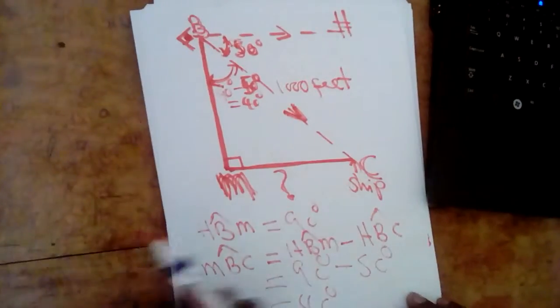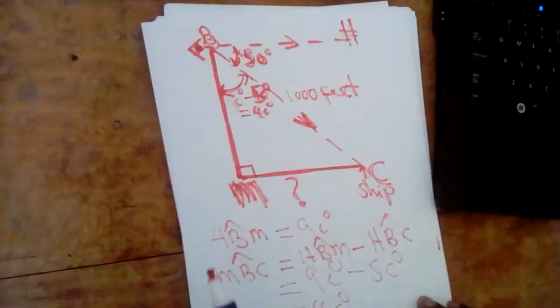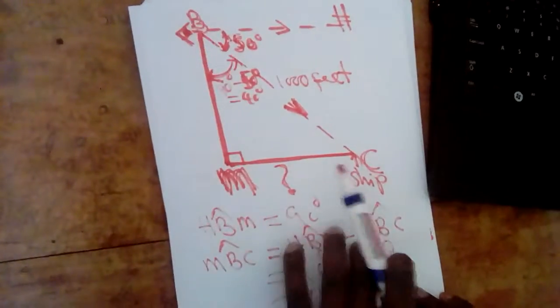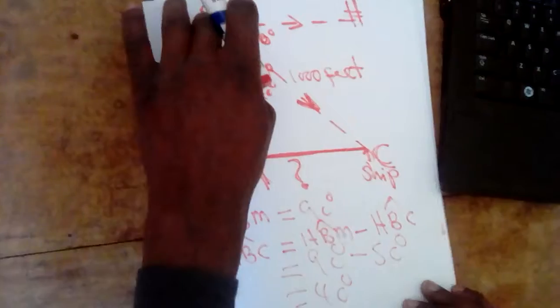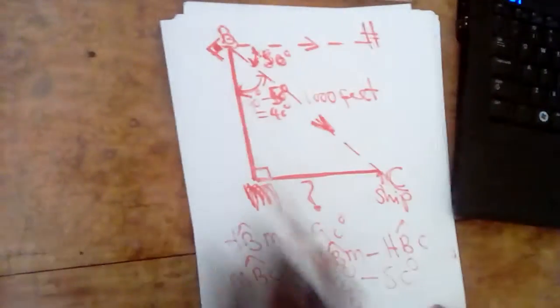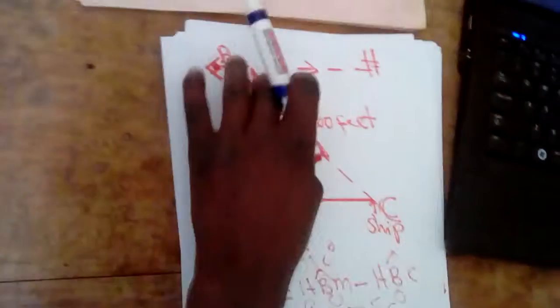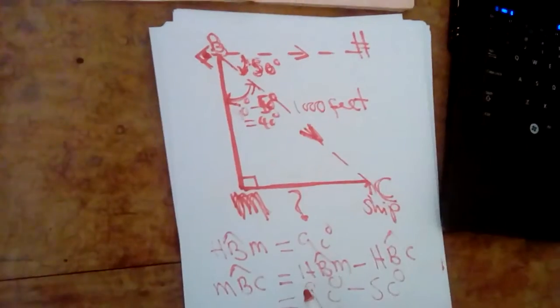These are the calculations that you may use to find angle MBC. You just take angle HBM, which is 90 degrees, less angle HBC, which is 50 degrees, and you get 40, this angle here.